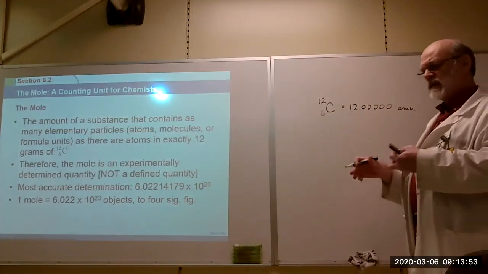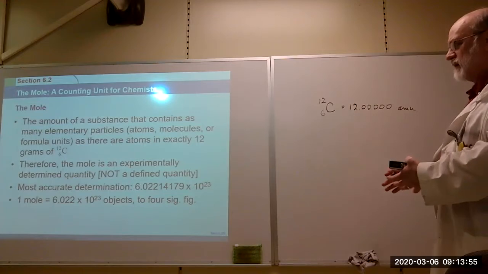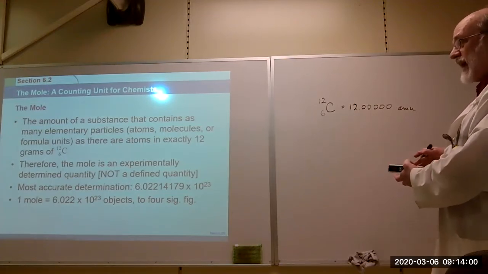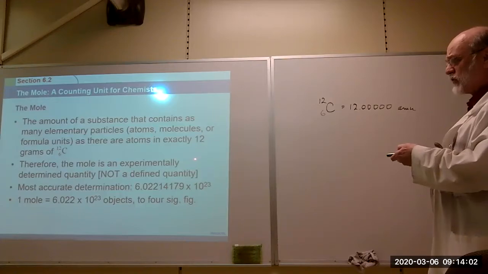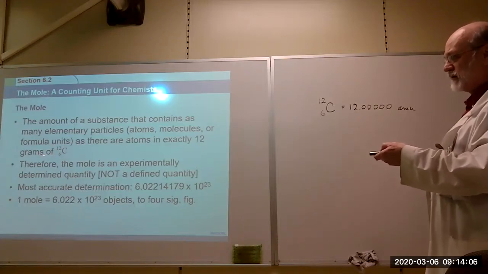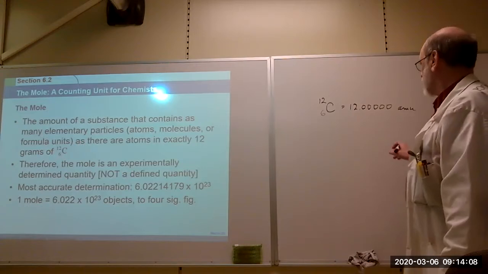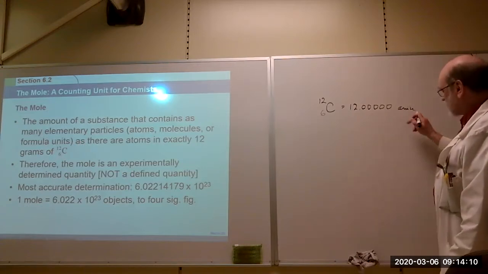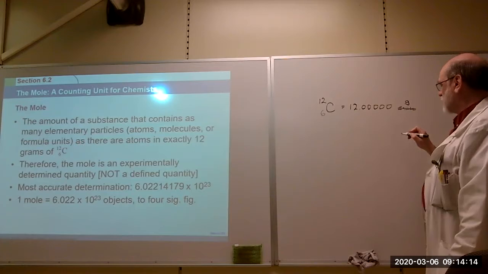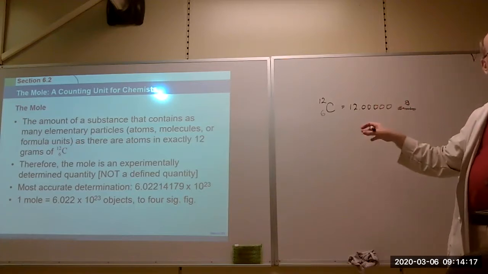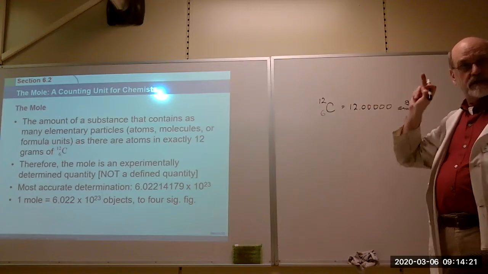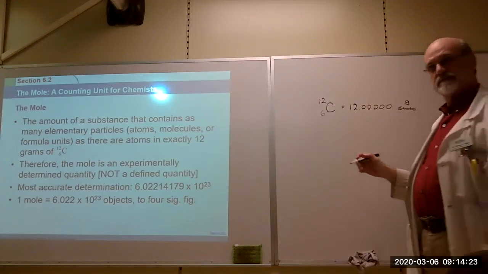So we have this amount of atoms, and if we use this carbon-12 as our standard, then we say if we just change that to grams, then the number of atoms required to make that many grams is 1 mole. Right?